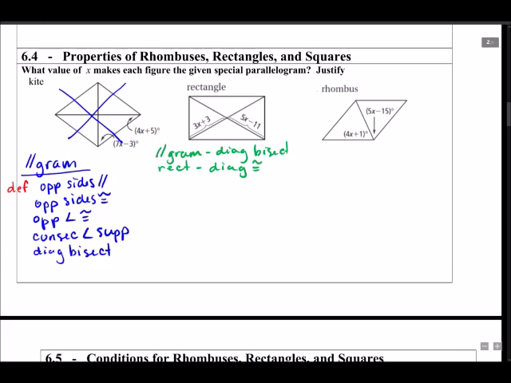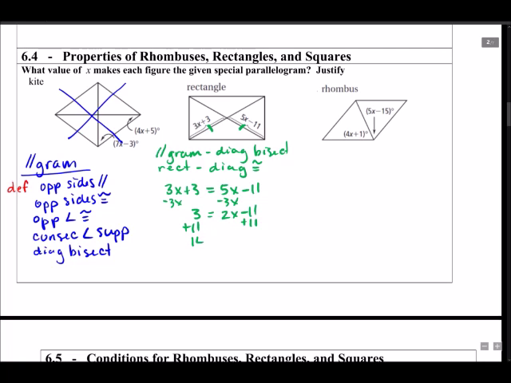So when we have two pieces of string that are the same length and we cut them in half, that means that those are going to be congruent. So we can say that 3x plus 3 equals 5x minus 11. And then it's just a matter of algebra here to find the value of x.